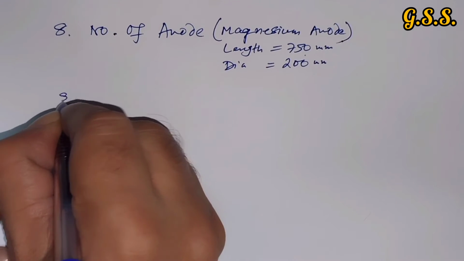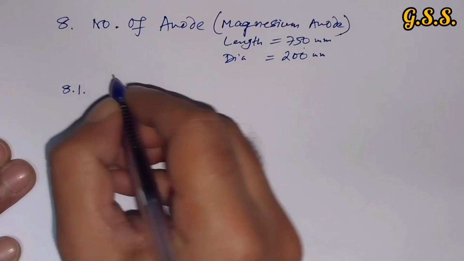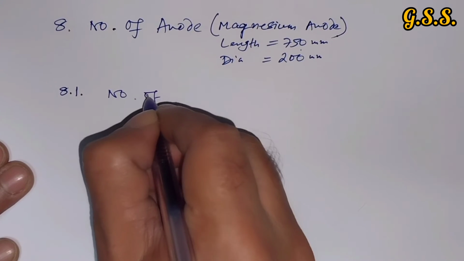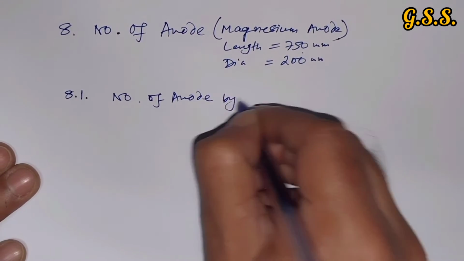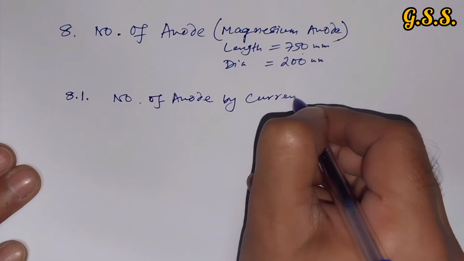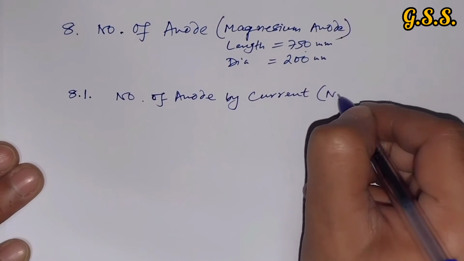One is 8.1, number of anodes by current, Ni.